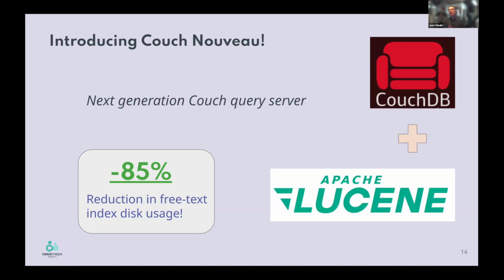One of the important things I do want to point out is that this is not a new database. This is not a new place that we're storing data or anything like that. It's kind of a query server that is going to live on top of Couch, or with Couch, as part of your CHT deployment.